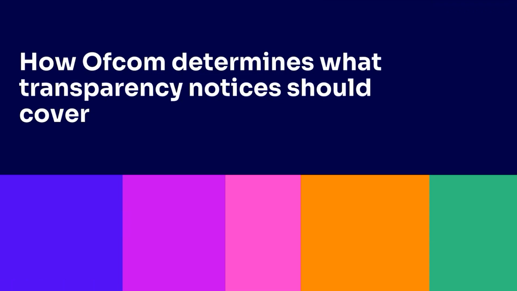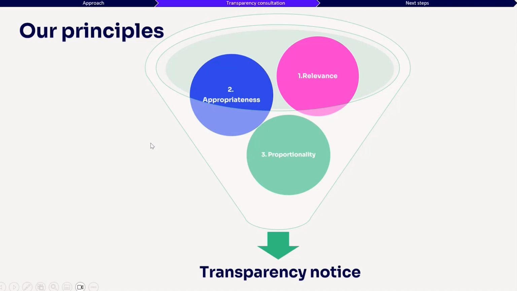So we'll move on now to talk a little bit more about the decision-making process that Ofcom will use when we decide what a service's transparency report should include. So that means how we design the transparency notices. Before we dig into the details, it's worth pointing out that the 4 strategic aims that Andrew outlined at the top of this presentation will always be the guiding light for the decisions that we make about the information that we think it's important and meaningful for services to publish.